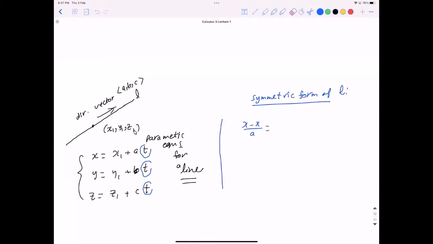So x minus x1 over a equals y minus y1 over b, because this is t and the second is t, the third is t again. So the same idea of elimination is used many times. z minus z1 over c. All of this equals t, the parameter. Eliminate t.